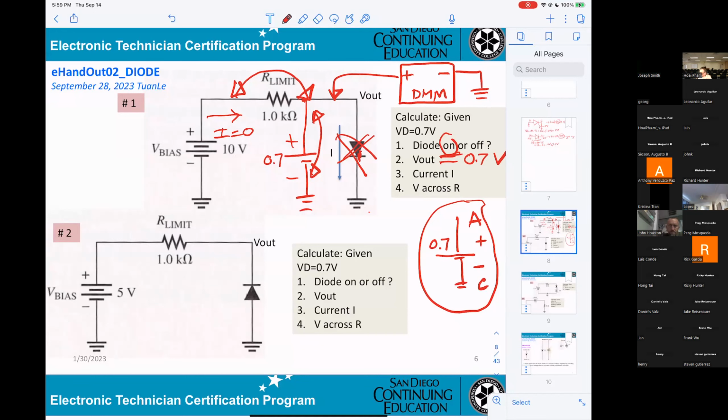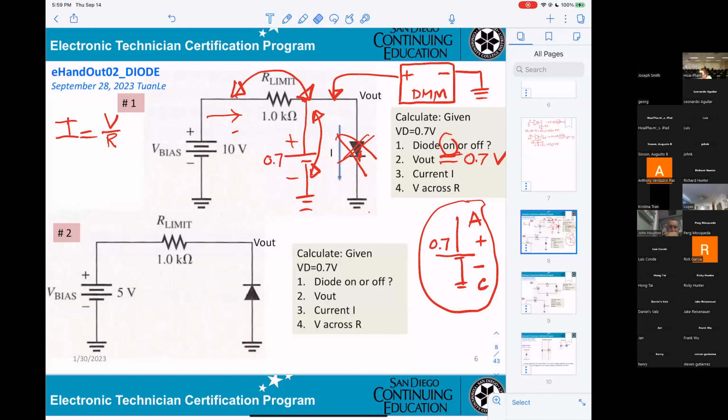Okay, you want to calculate the current I. I equal V divide R. And what does V equal? 10 minus 0.7, divided by 1K.